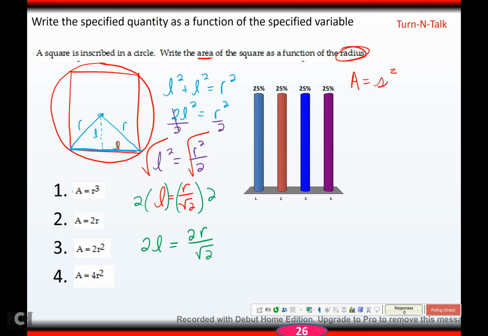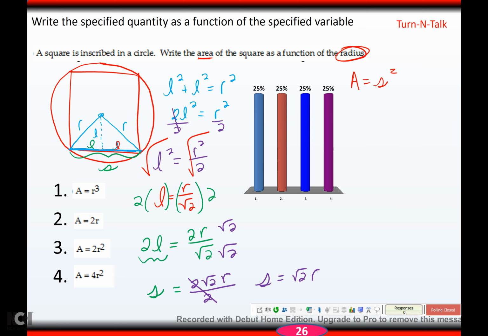But now, don't we know that 2L is the same as one side of the square? We do. So can't I replace 2L with S equals, and I need to rationalize. So square root of 2, square root of 2, I would get 2 square roots of 2R over 2. The 2's would cancel, and I get side equals the square root of 2R.